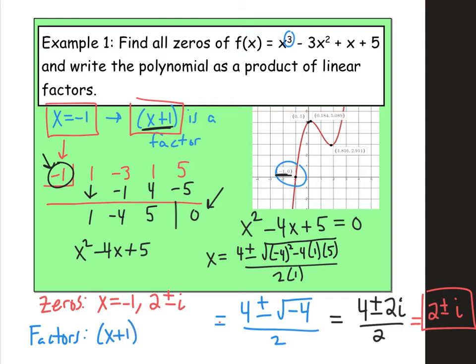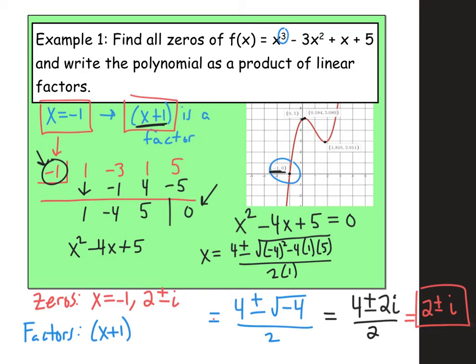Okay, we will write, let me move this over a little bit. The other factors will be x minus (2 plus i), and finally x minus (2 minus i). Okay, so it's always just x minus whatever the zero happens to be. Okay, so that's going to be it.